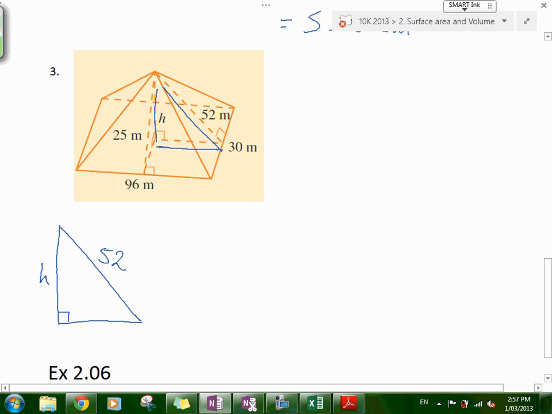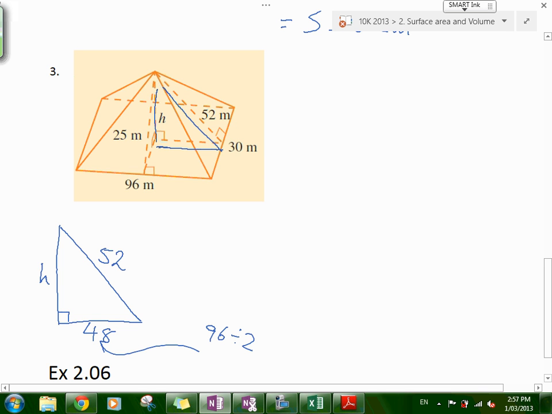And then, what is this distance along here? It's from the center to the edge. In this whole length, what is it going to be? Yeah, 96 divided by 2. So this one is 96 divided by 2, which is 48.